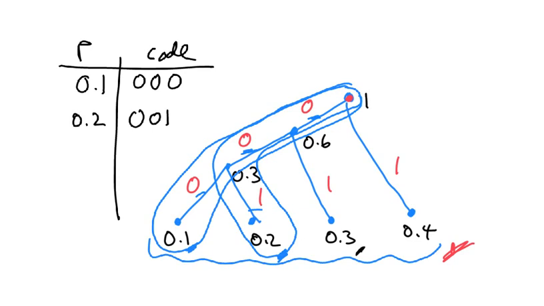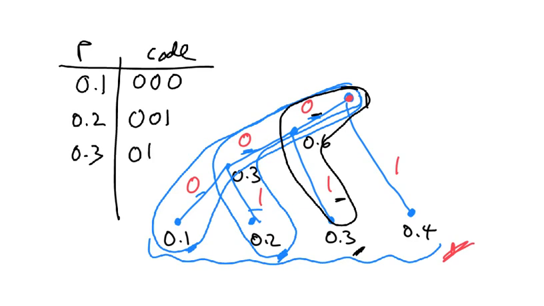The path from the root down to it is this, right? Again, look at the labels 0 and 1. So the string with the probability 0.3, we should encode it with the bit string 0, 1. And finally we come to this 0.4, and there's only a single edge from the root down to it. So you can guess, right? For 0.4 probability, the bit string is just a single bit, which is 1.